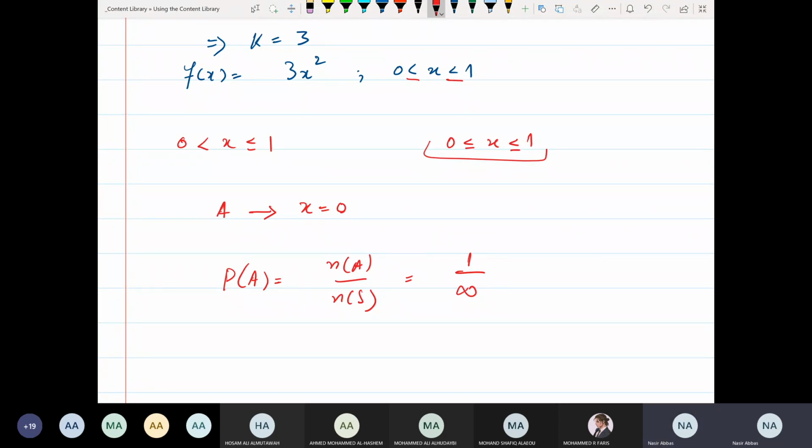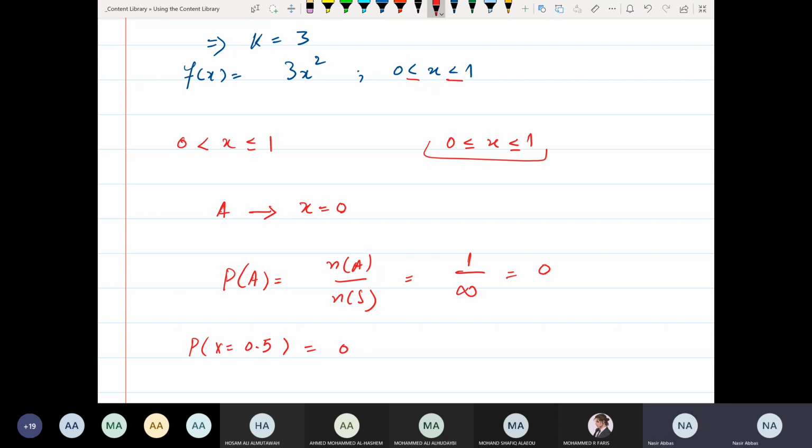So the probability of A is what? 1 over infinity, which is 0. And you can do this for any specific value of x. The probability that x is 0.5, that's also 0. The probability that x is 0.7, that is also 0.